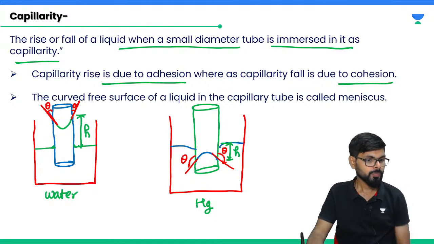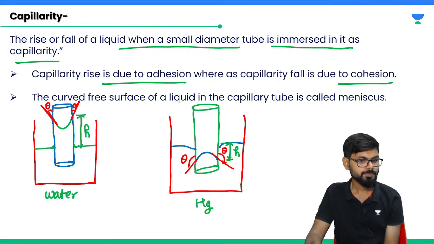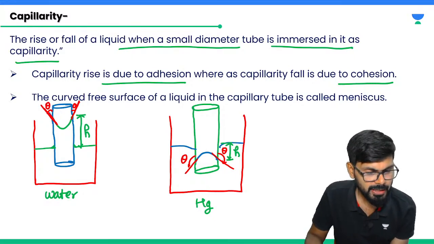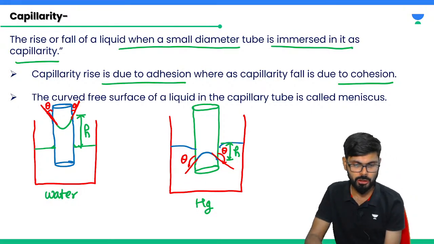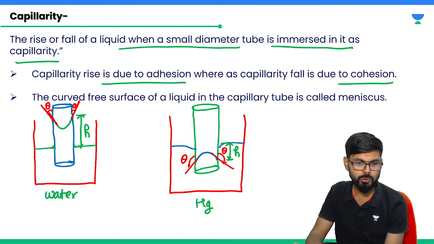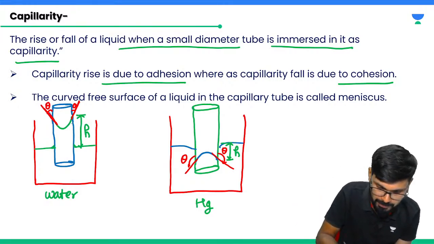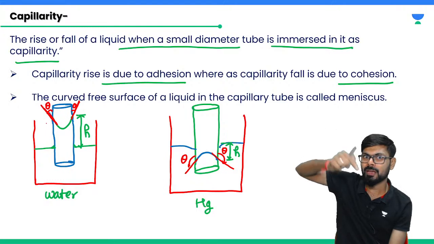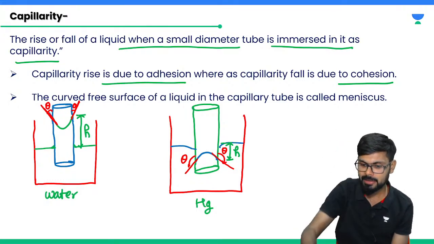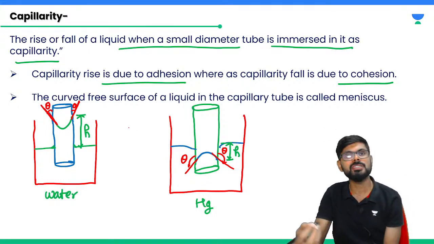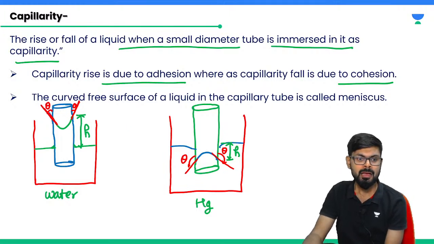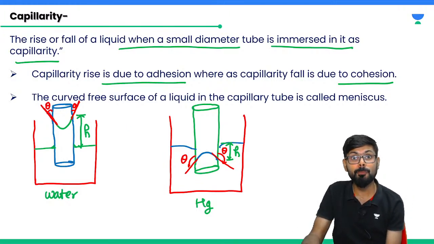Clear है बेटा? This point is clear. Any confusion? No confusion at all, right? This shape जो shape बन रहा है ना ऊपर या फिर ऐसे जो shape बन रहा है, this shape is basically called meniscus.